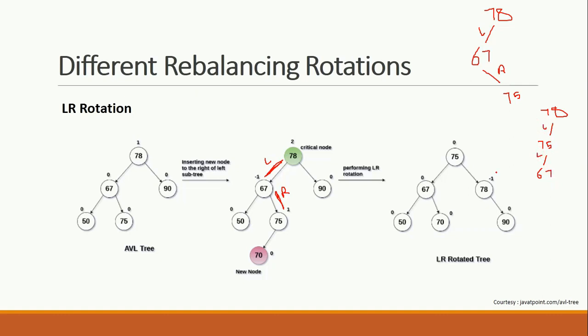Obviously you can solve it this way. 75 will go on top, then 78, and 67. Okay. So after this, you can see 75, 67, and 78.